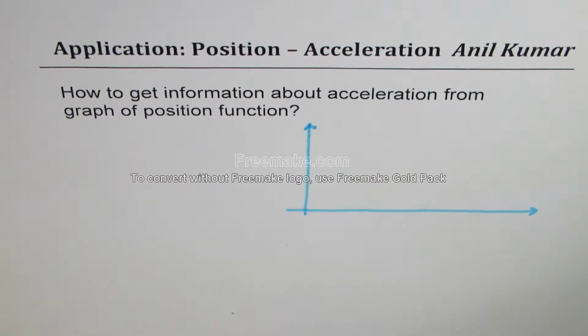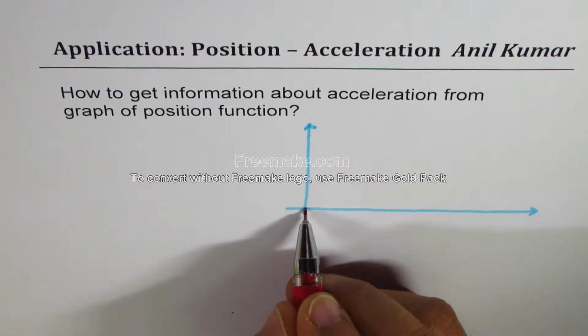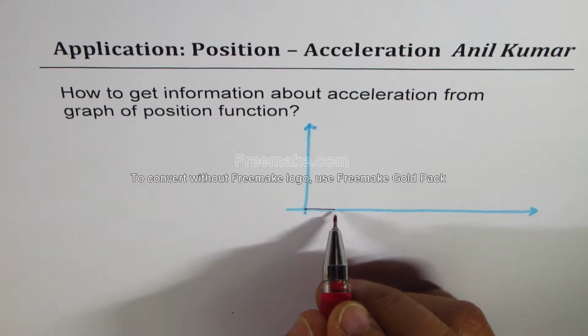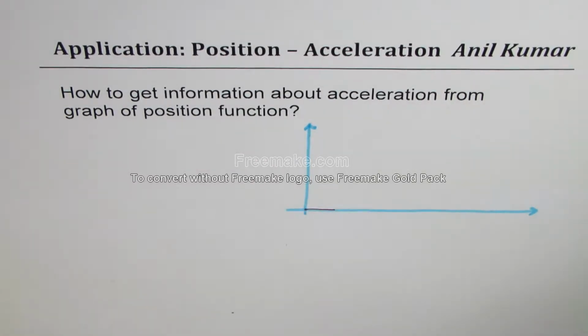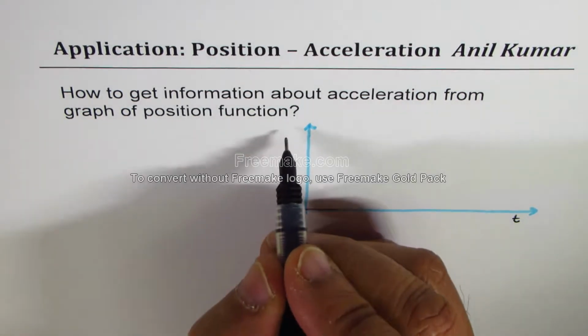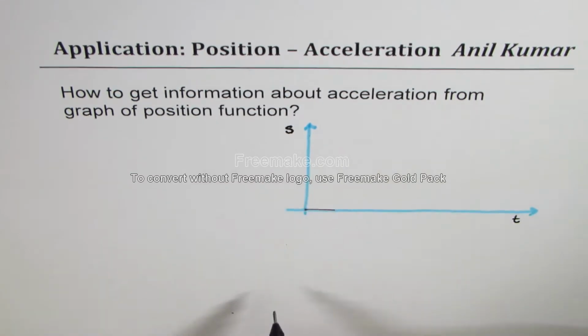So let us say an object moves from point A, goes along a straight line. That straight line indicates it is at rest. We know that time is along the independent axis and position is along the dependent axis.